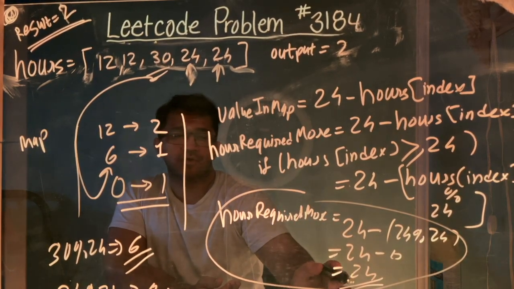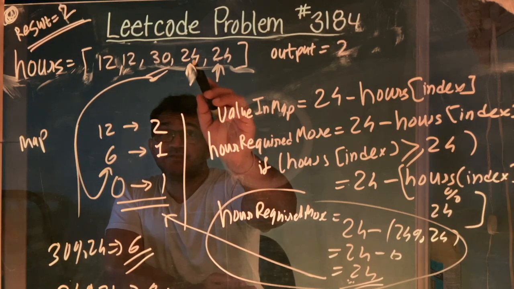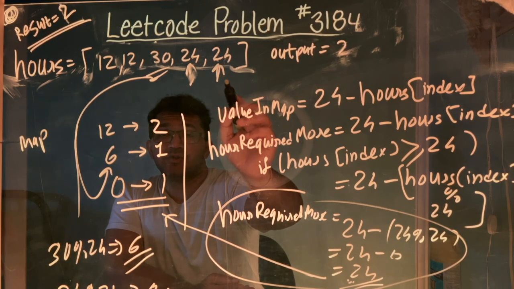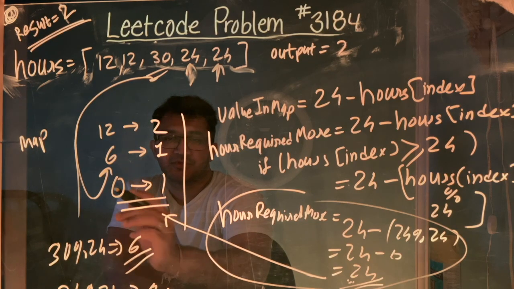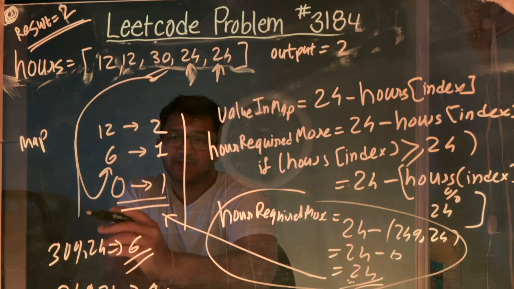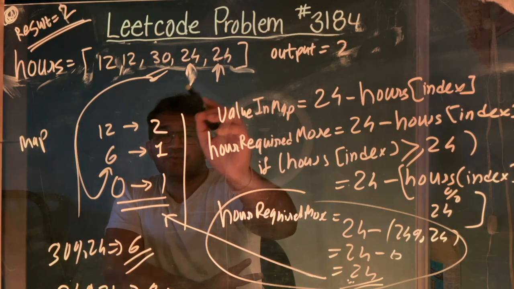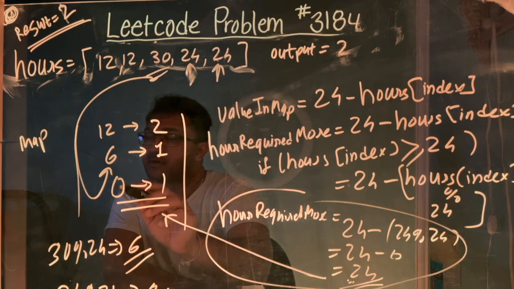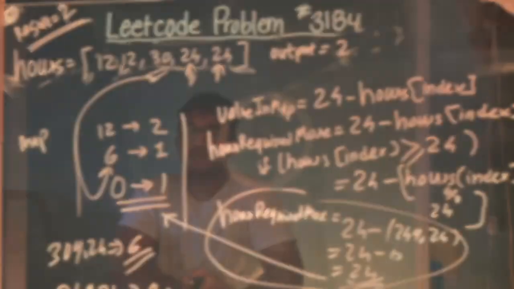Now it will look for 24 to see if it exists in the map or not. 24 existed in the map in the previous case, but because of the calculation, it came to be 0. So the one edge case is whenever we are inserting the value 24, we make sure that if there is a 0, we put 24. That's the only edge case.